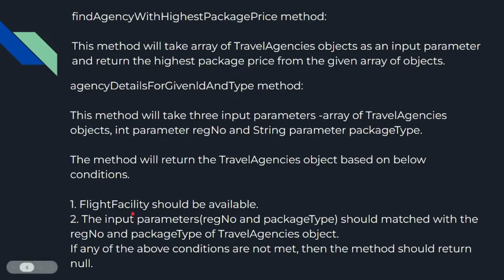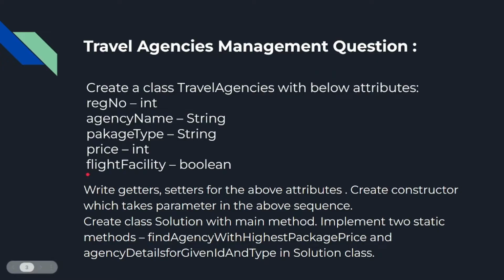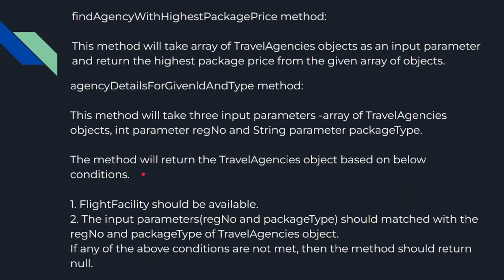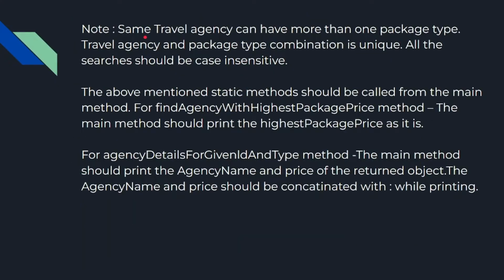The first condition is that flight facility should be available, that is, the attribute flightFacility should be true. And the input parameters, register number and package type, should match the register number and package type of the travel agency object. If any of the conditions are not met, then instead of returning an object, we have to simply return null.